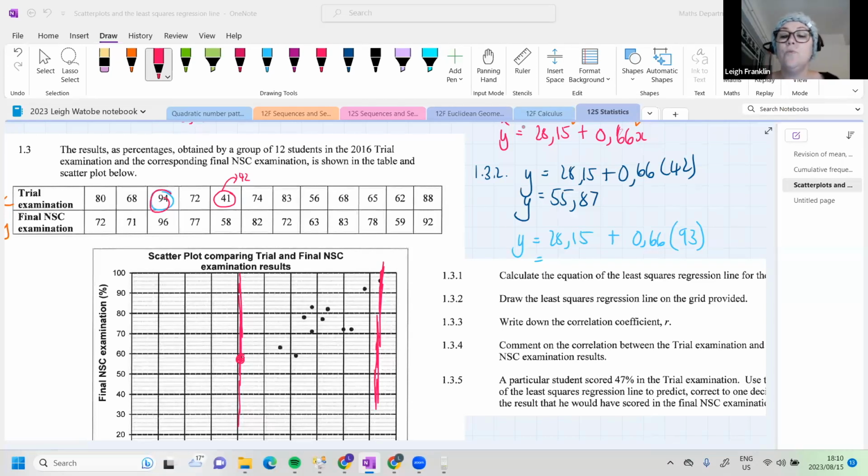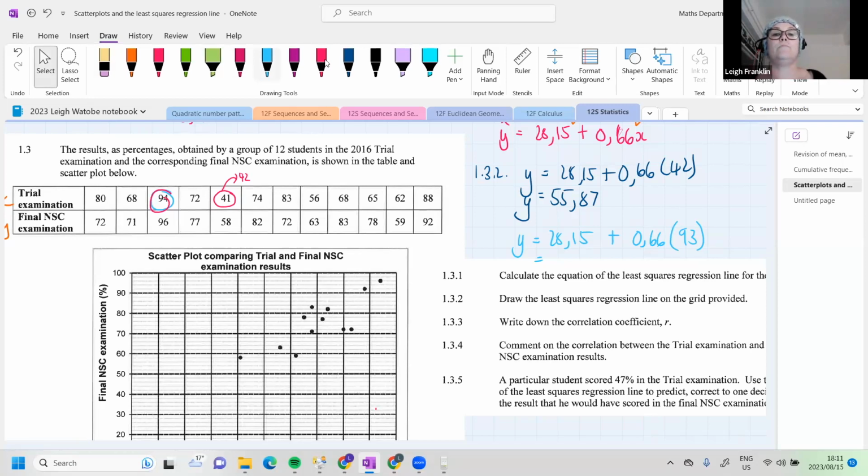Okay, so we are drawing the equation of the least squares regression line. Well, at least we are preparing to draw it. Now when we sub in the 93, what do we get? 89.53. Good.